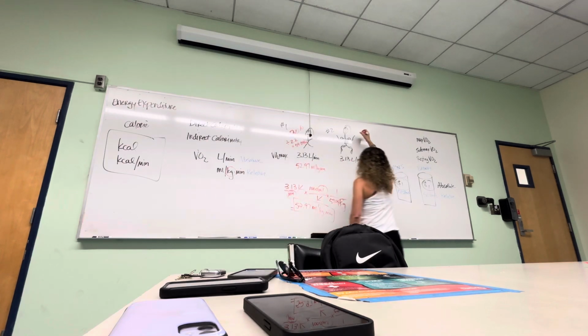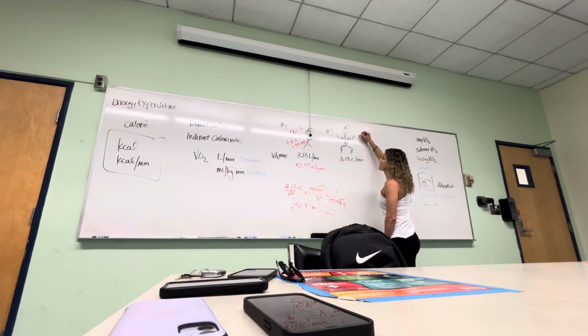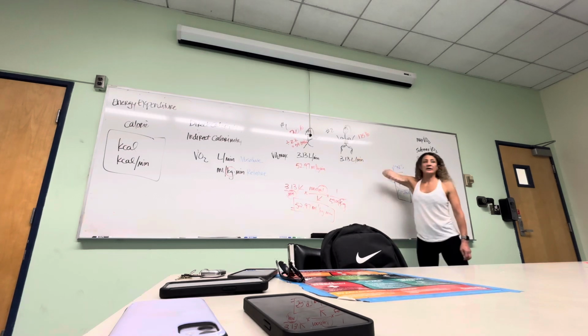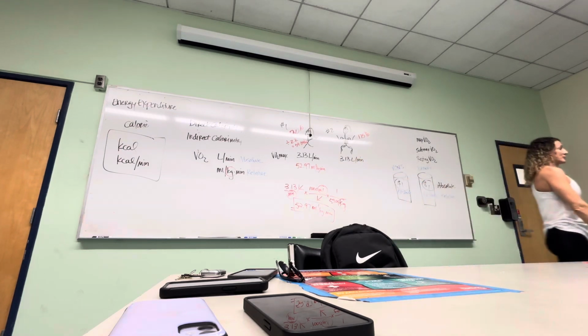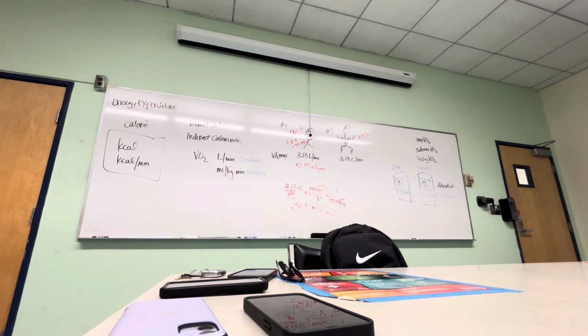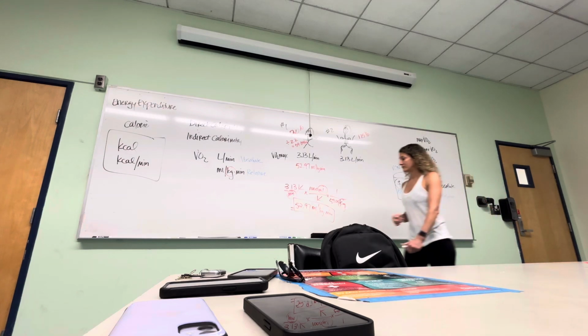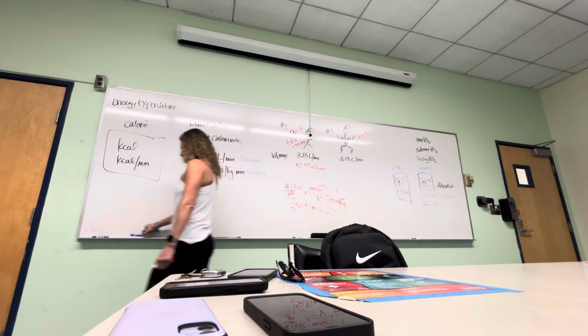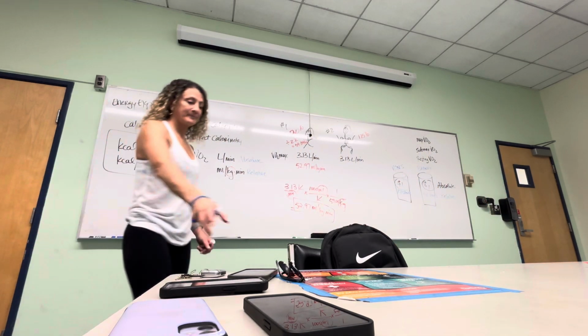Let's say person number two weighs 175 pounds. Calculate their relative oxygen consumption. Try to do it on your own, and then I will do it also. So you have to start by converting pounds into kilograms.